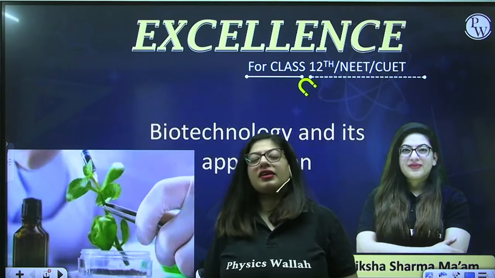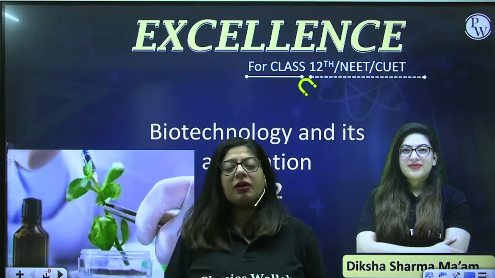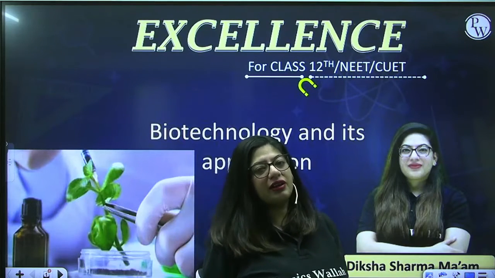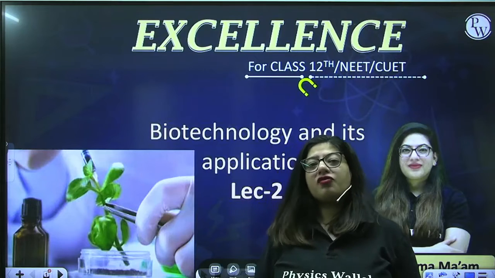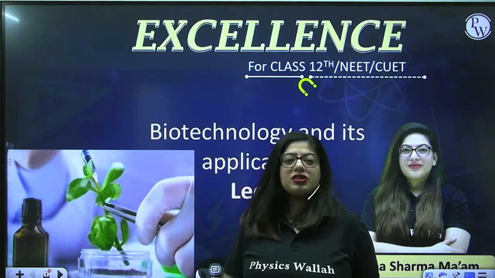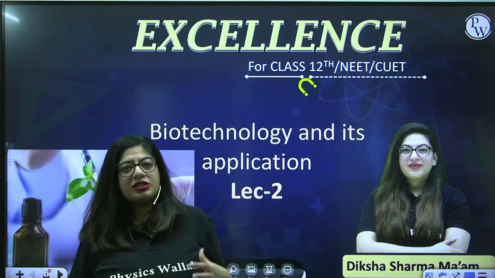So we have started the chapter Biotechnology and its application. In the previous class we discussed the applications of biotechnology in various fields, and we started with the agricultural part. In agriculture I have taught you how important biotechnology is, and we discussed some examples of how biotechnology is a boom in increasing the nutritional quality of plants, like golden rice.